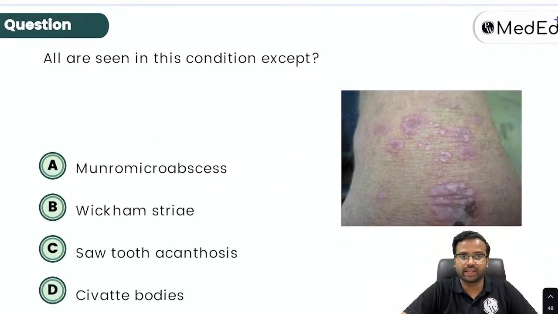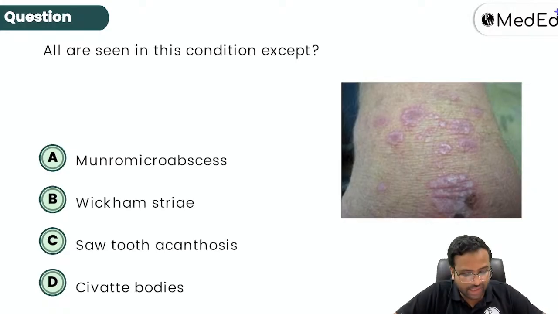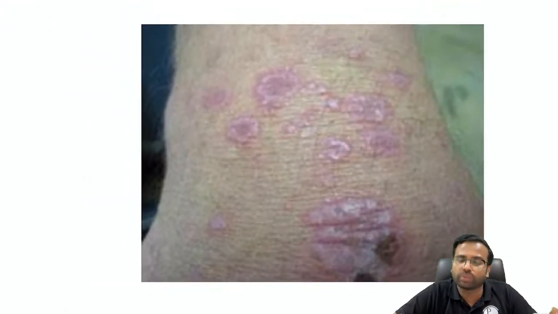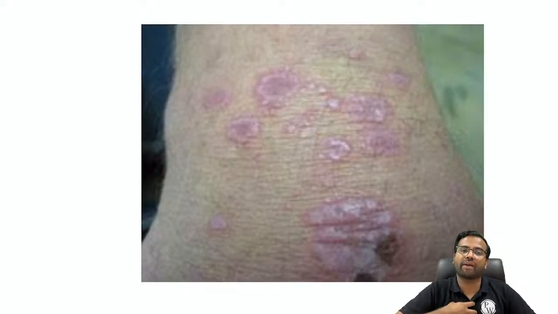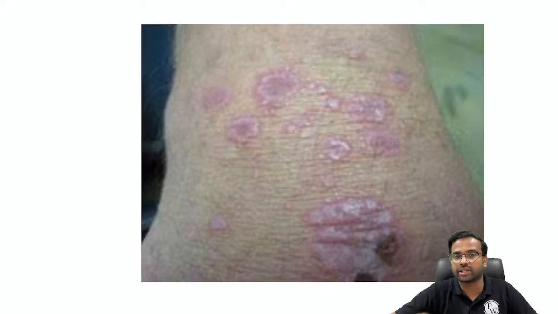So let's see the next question. All are seen in this condition except. So if I just see this image, if I zoom this image, since I have a habit of always describing a lesion whenever I see them, I can see that there are some flat topped papules as well as plaque lesions, and the color for me is not red.